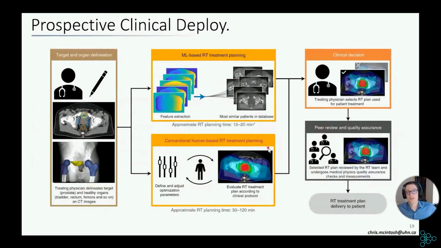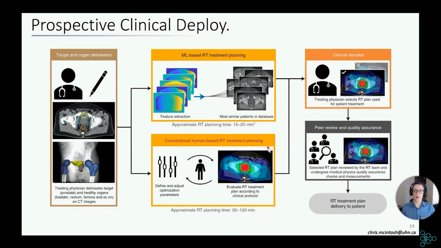So that was still retrospective, and these clinicians are now looking at it, but we still wanted to actually treat people. And so the next step was to design our clinical study. We wanted to design the study in a way that did not perturb or interfere with the clinical environment in any way, shape, or form so that we could actually have this for as many patients as possible. And so we did it in parallel.